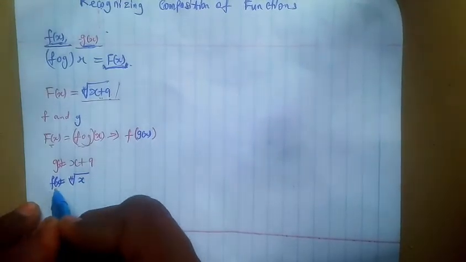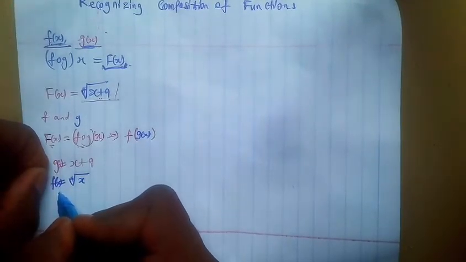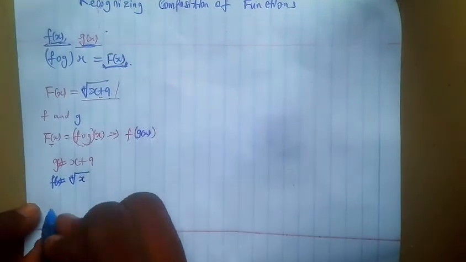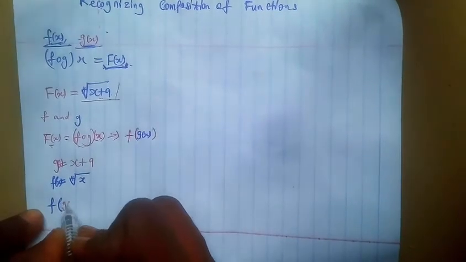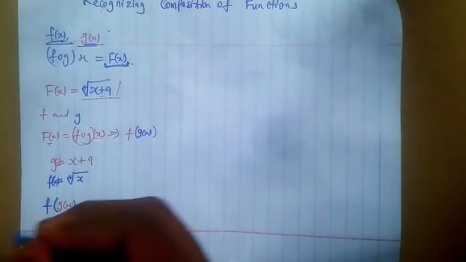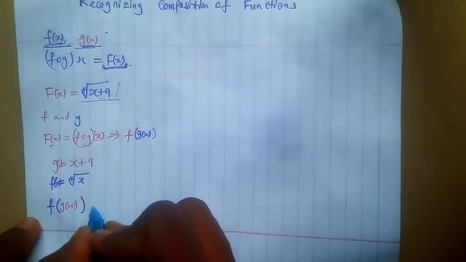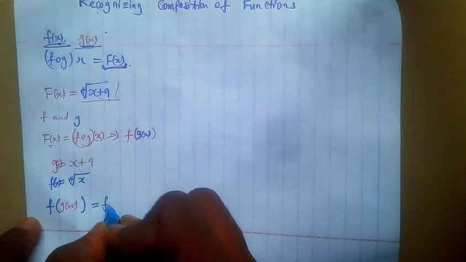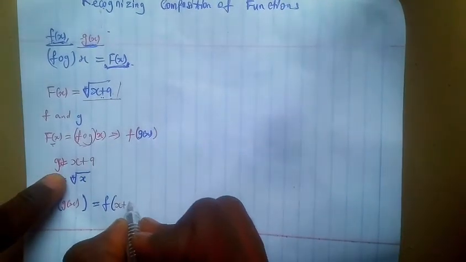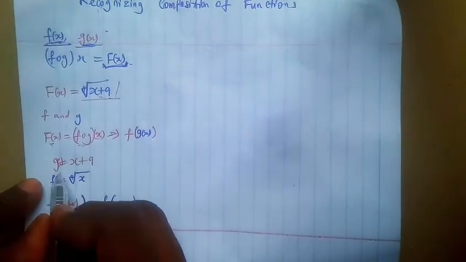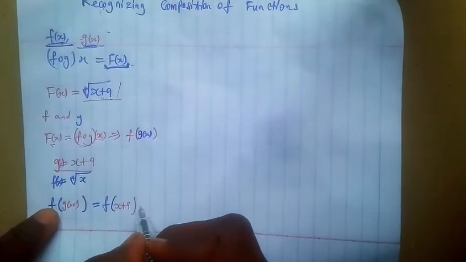Now if you combine these two things together, let's check if we are correct. If we combine them, we will have f of g of x. What is f of g of x? g of x is x plus 9.